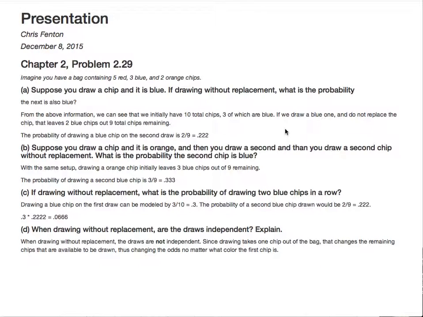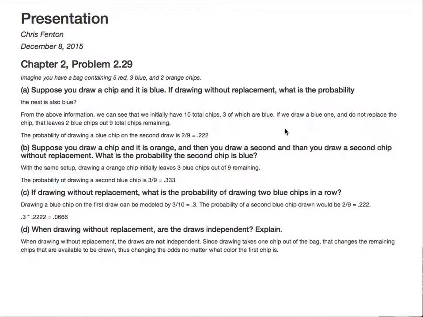Our third scenario is, if we are drawing without replacement, what is the probability of drawing 2 blue chips in a row? So we'll just start with the first chip. There's 3 blue chips, 10 total chips. The probability of pulling a blue chip, which is required under the scenario, is 3 out of 10, so 0.3. Now, the probability of drawing a second blue chip is actually the exact same situation as item number A. There's 9 chips left, 2 of which are blue, so that's 0.222.